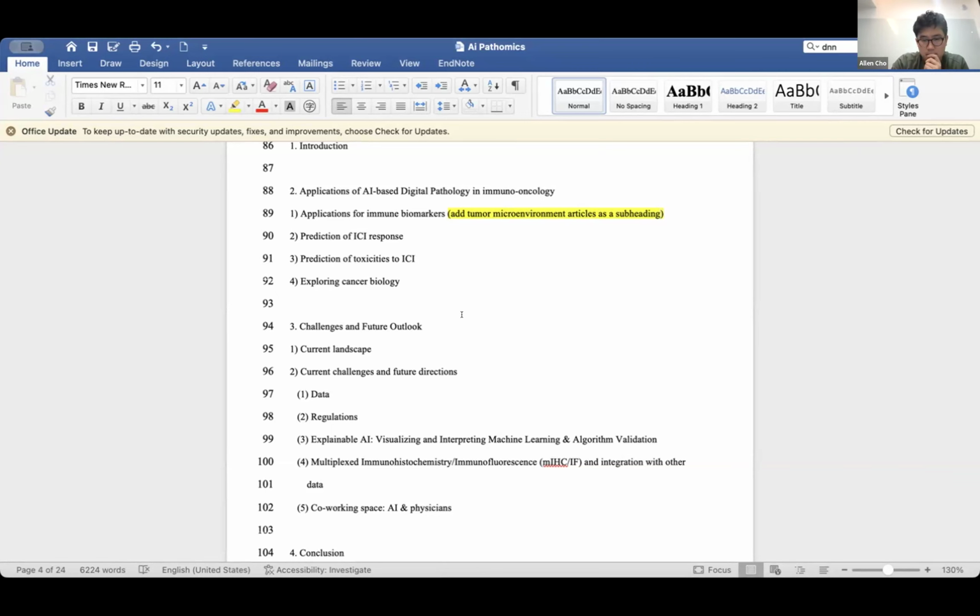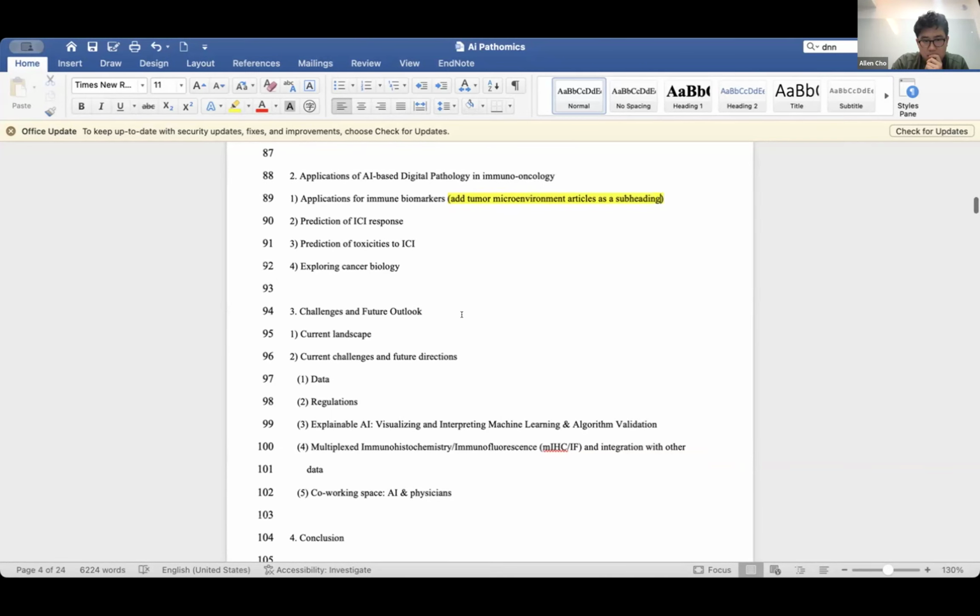So things like the regulations, challenges, future directions, you can cut down 50% of what's already written here too. When you cut things down, preserve the original writing, because if you go to a different journal, you can be more unlimited.